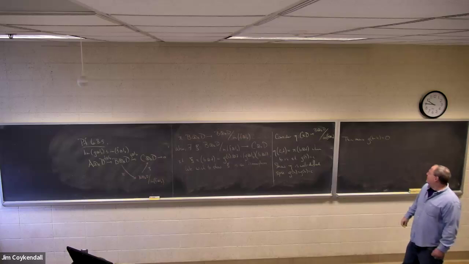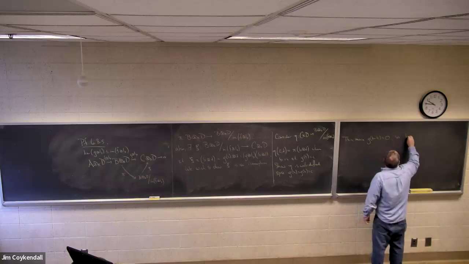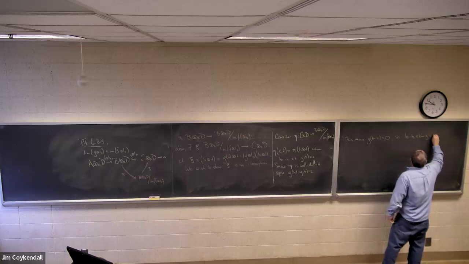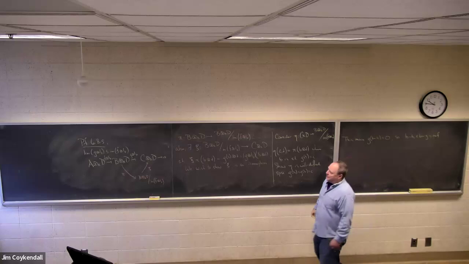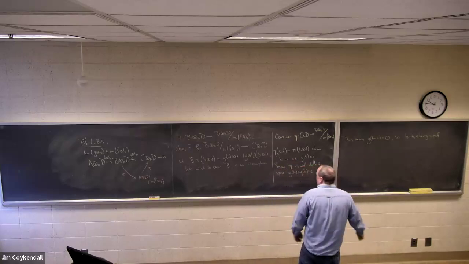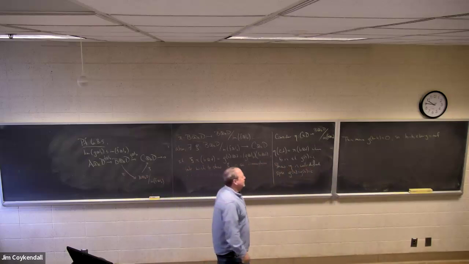Because they both go to C, which means B minus B1 is in the kernel of G, which is the image of F, using the exactness of the original sequence there. So what can I do? Well, there's some A such that F of A goes to B minus B1.